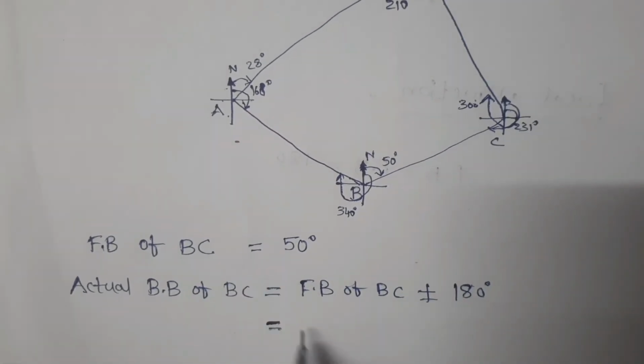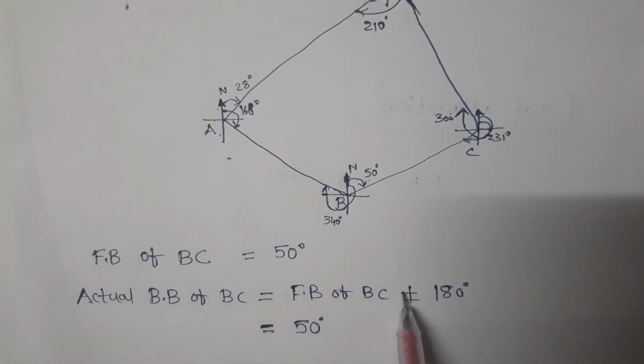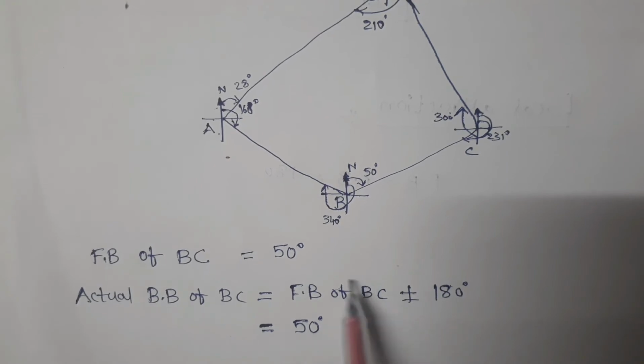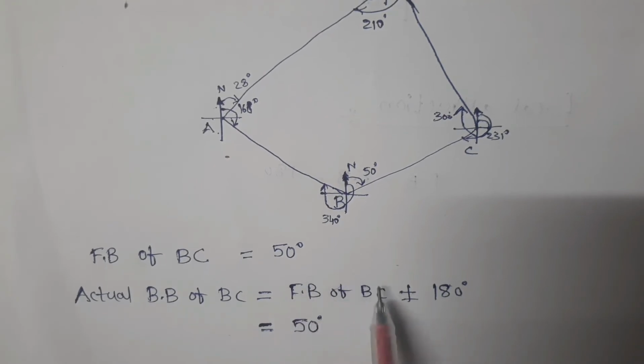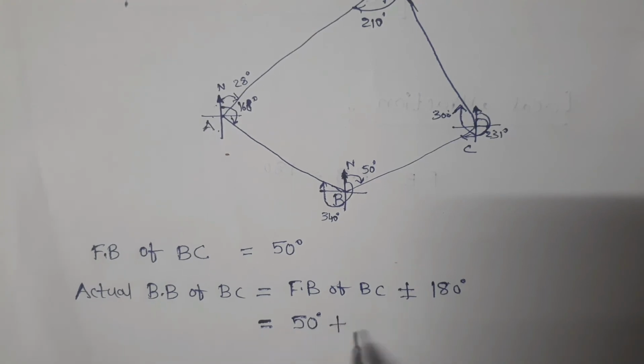Forebearing of BC is 50 degrees plus or minus 180. We should remember one important point: the plus sign is taken when the forebearing is less than 180, and minus is taken when the forebearing is greater than 180. Here 50 is the forebearing of BC, which is less than 180. So you have to take the plus sign.